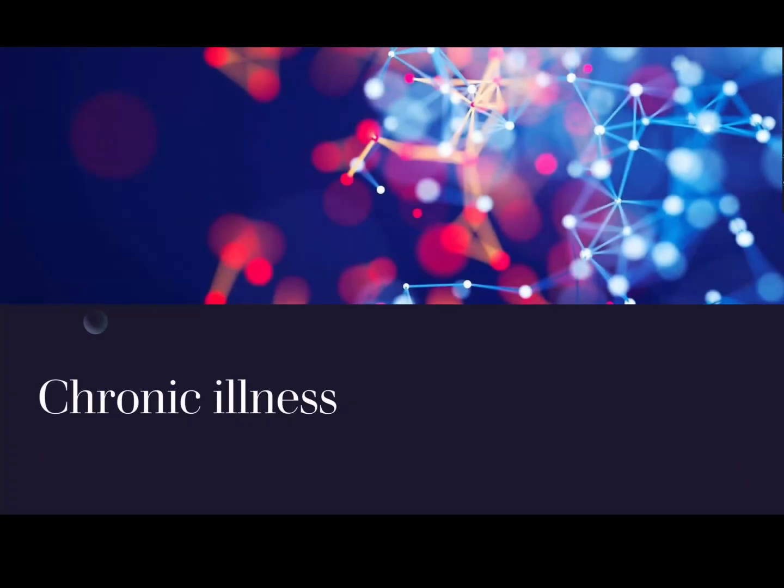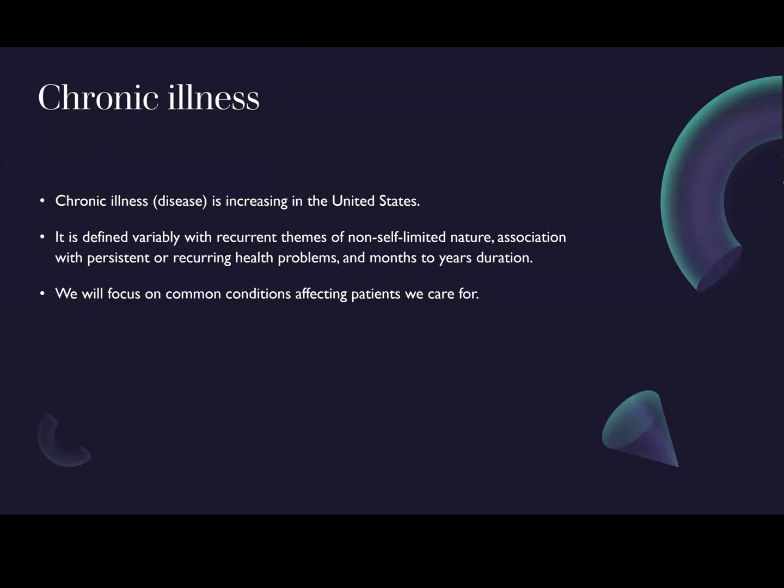So the first thing I just want to do is define what is chronic illness. I think we all know kind of what it is, and the definitions vary. By the way, I have references at the end. I don't know what happened, but all of them got replaced in the footnotes, so they're all just bunched up at the end. But anyway, chronic illness is a long-lasting condition.